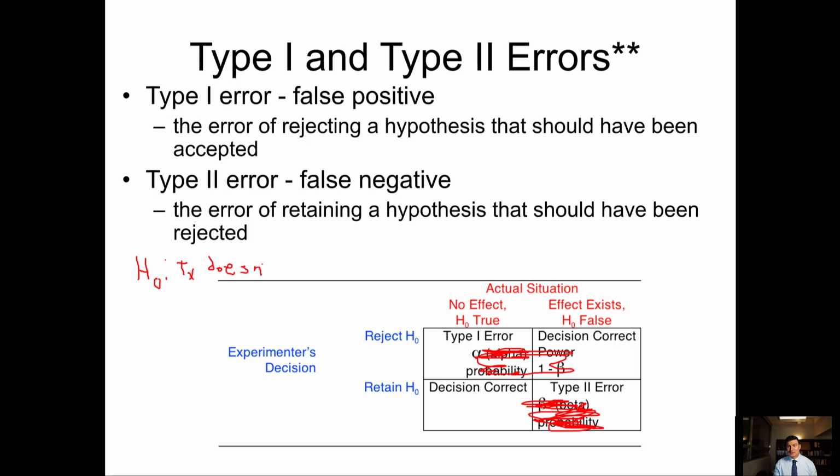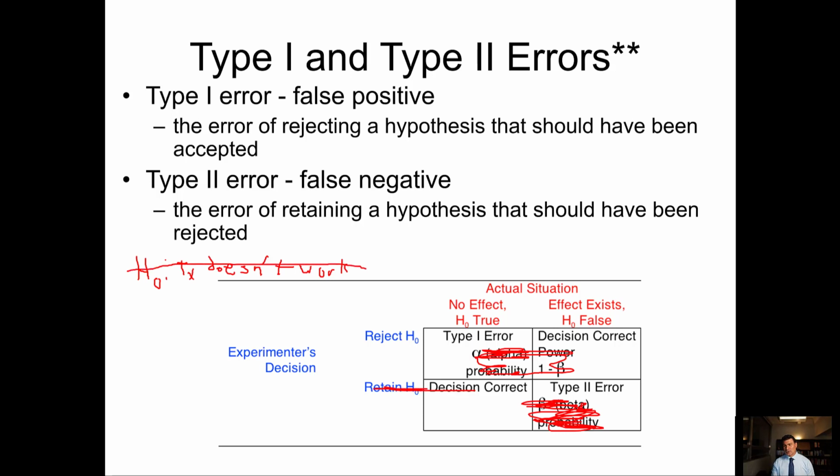So we can say the treatment doesn't work, and that's our null hypothesis. So again, the null hypothesis, nothing is happening. We do our experiment. We find out that our treatment did work. So we find out some effect from our treatment. So we can reject that null hypothesis.